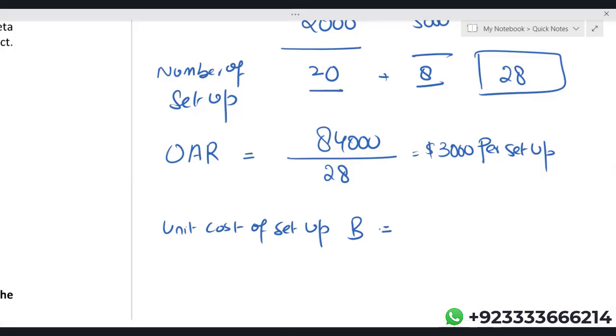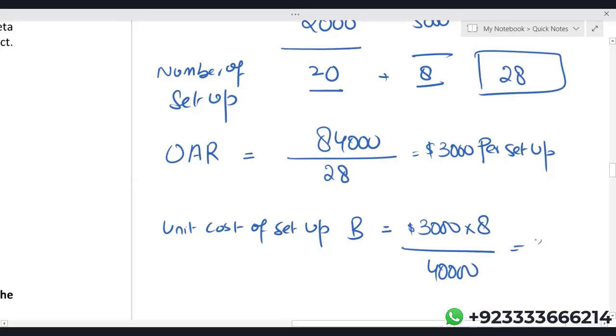It's very simple. Per setup cost is 3,000. How many setups do we need to manufacture 40,000 units of product B? 8. And total number of units, obviously, is 40,000. So simply 3,000 multiplied by 8, I'm getting 24,000, divided by 40,000.